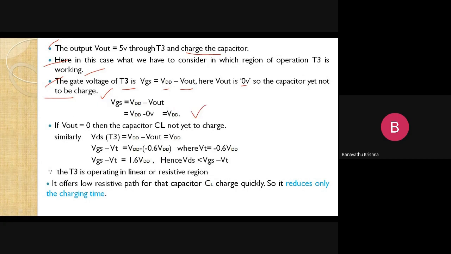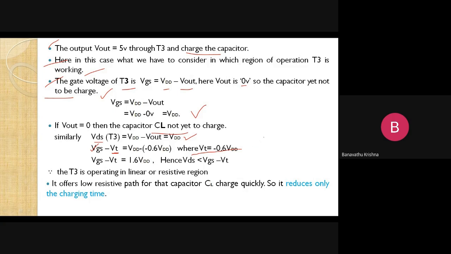At the same condition the capacitor is not charged, and similarly the drain to source voltage VDS across T3 equals VDD minus V out. V out is 0, so that is nothing but VDD. But here VGS equals minus VT. Here VT is the threshold voltage of the n-channel transistor. But here it is a depletion mode transistor. T3 is the depletion mode transistor.